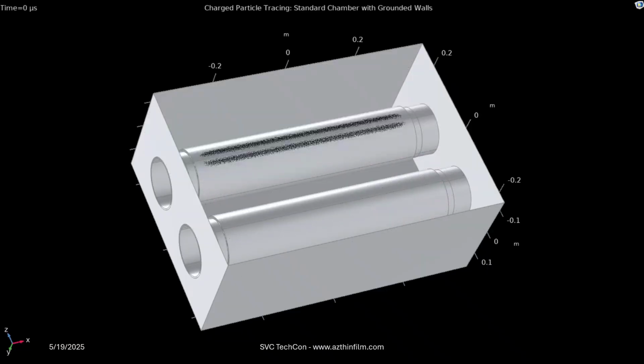They form little clouds and kind of group around, and it's never a completely uniform, continuous plasma. It always has these little waves that are moving through it. And then the electrons are also moving out and collecting on the walls of the chamber and on the anode on the opposite target surface.